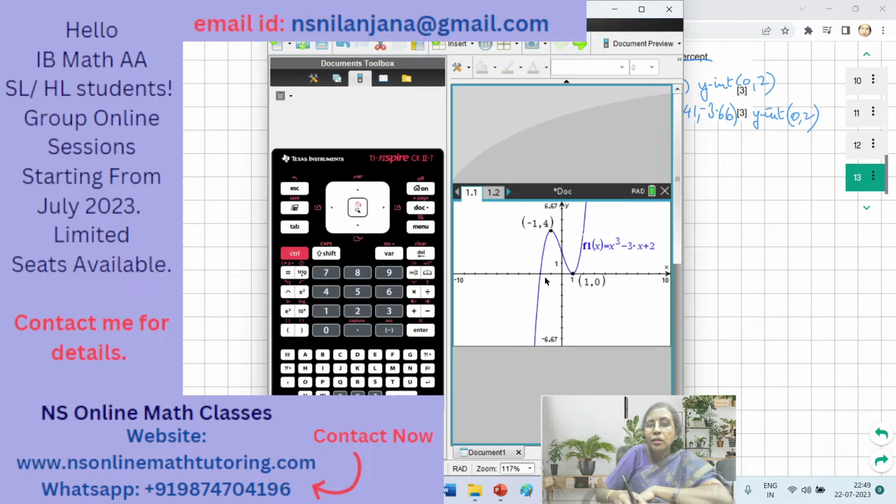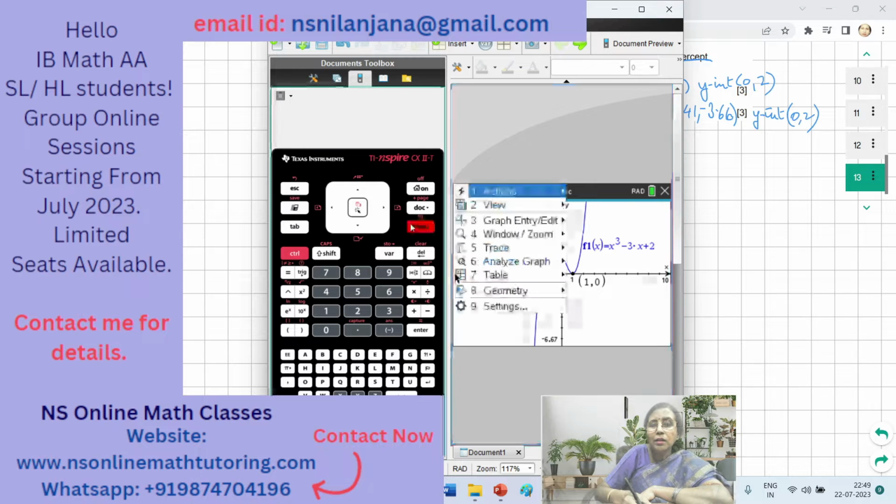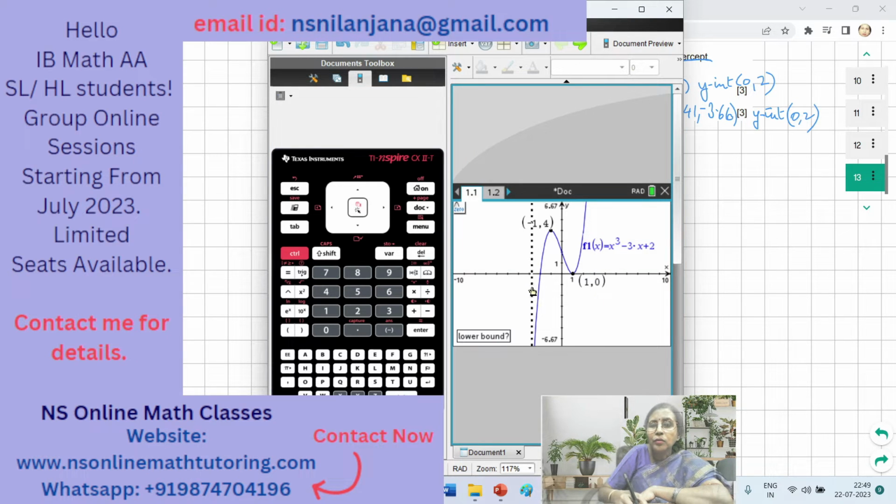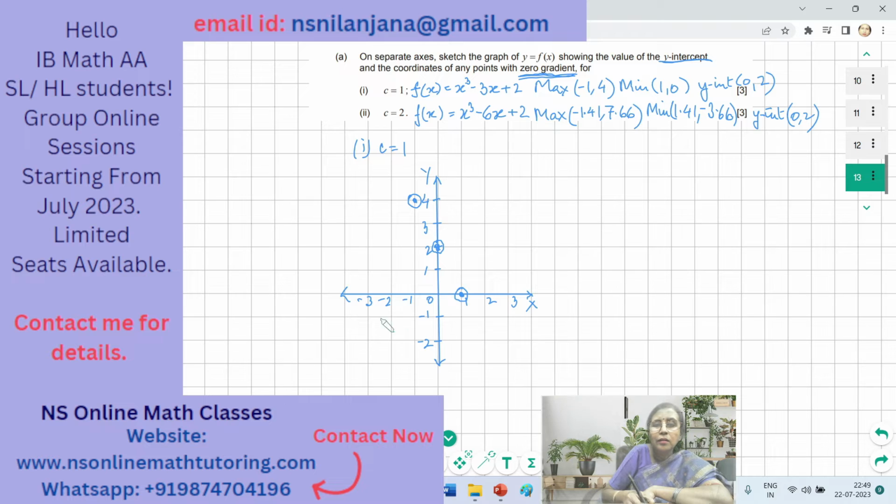This one is -2, or let us check. Analyze graph the 0. -2, 0. So these are the 4 relevant points.